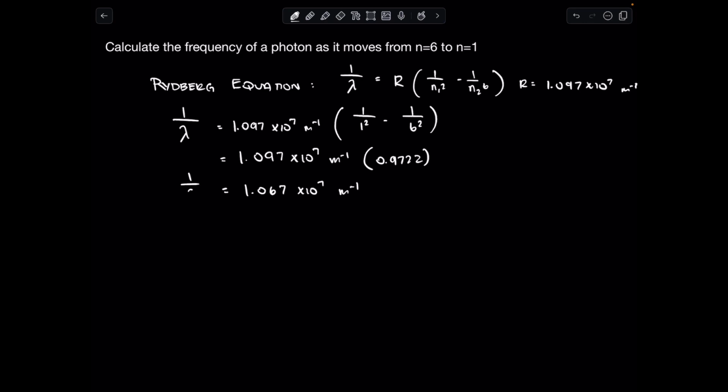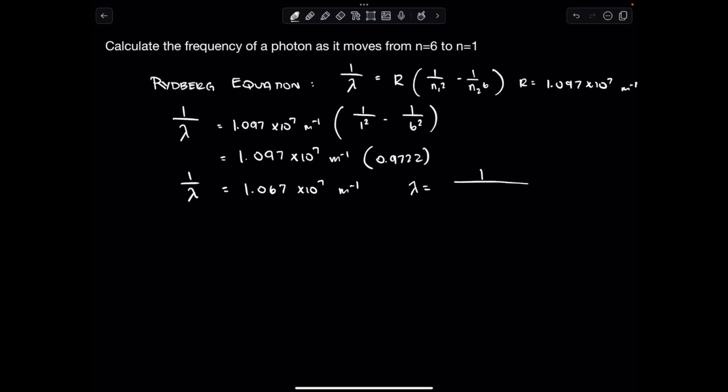Again, this is all equal to 1 over lambda. So if we need to solve for lambda, we'll just do a little bit of rearranging. So now our lambda is equal to 1 over 1.067 times 10 to the 7 per meter, which will then equal 9.376 times 10 to the minus 8 meters.